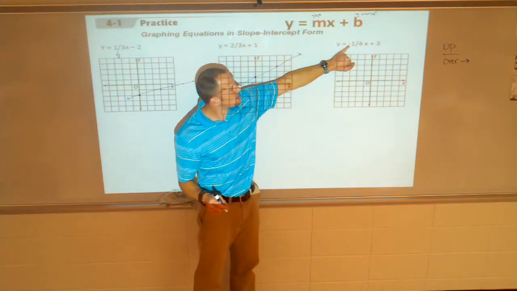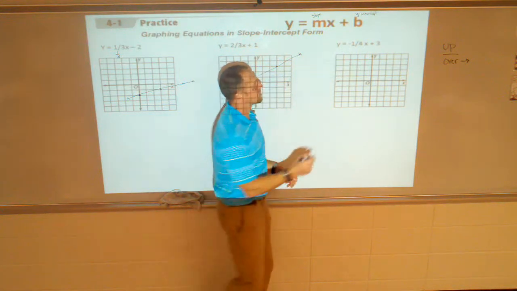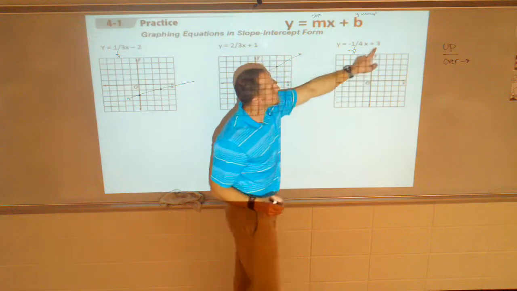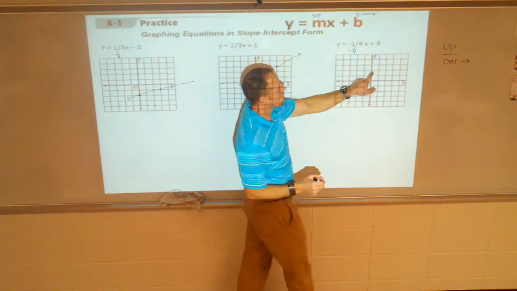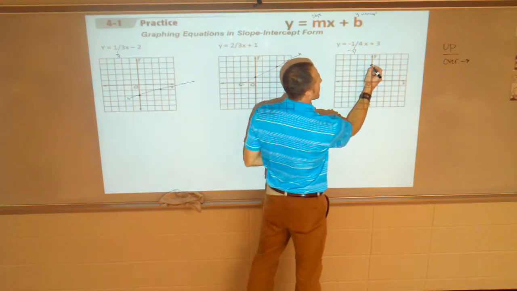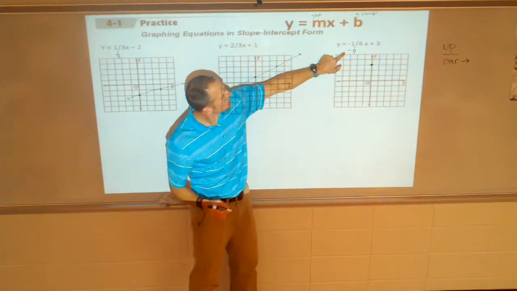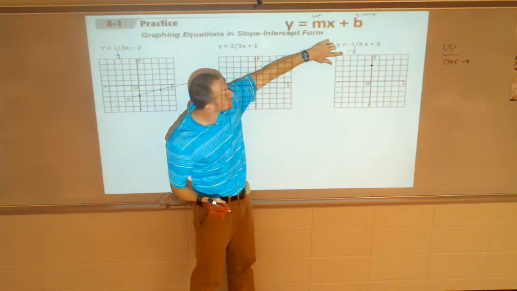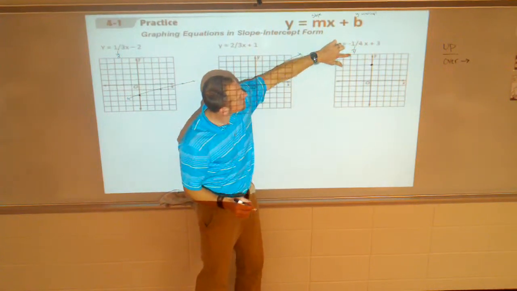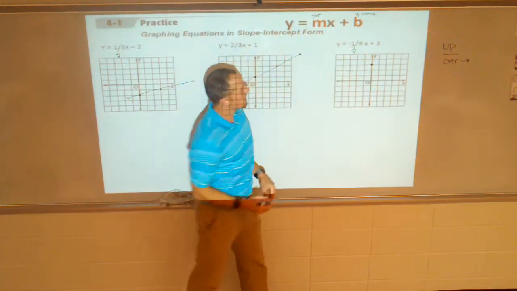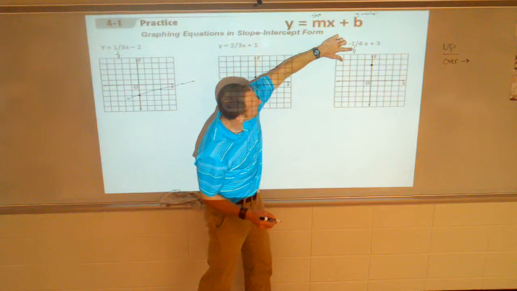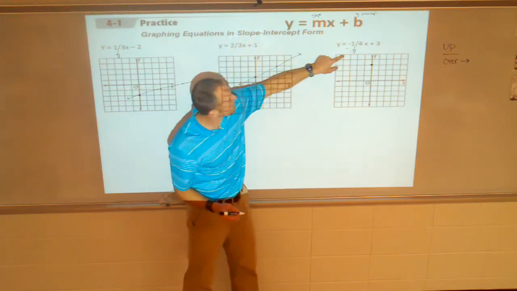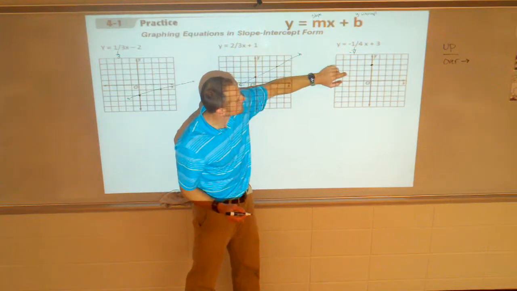This is a negative slope. We're going to start the same. Our y-intercept is +3, so I'm going up 3. Now, this slope, I want you to notice a couple things. I'm going to write it 3 different ways. This is the same as this is the same as this. It doesn't matter where that negative sign is written.